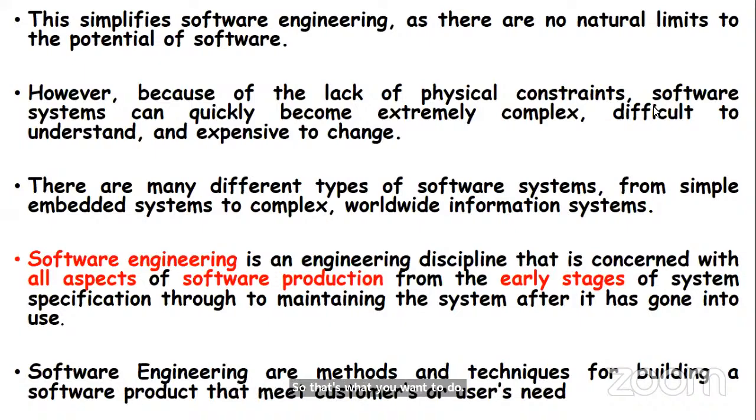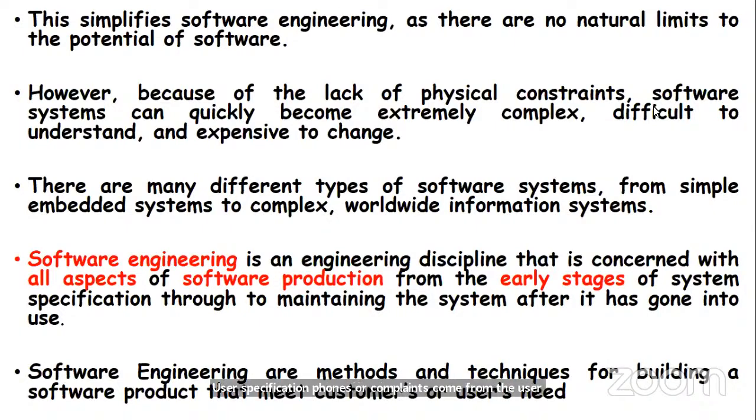All aspects of software production, from the early stages of system specification through maintaining the system after it has gone into use, and also release of subsequent updates as new user specifications come or complaints come from the user or the client.